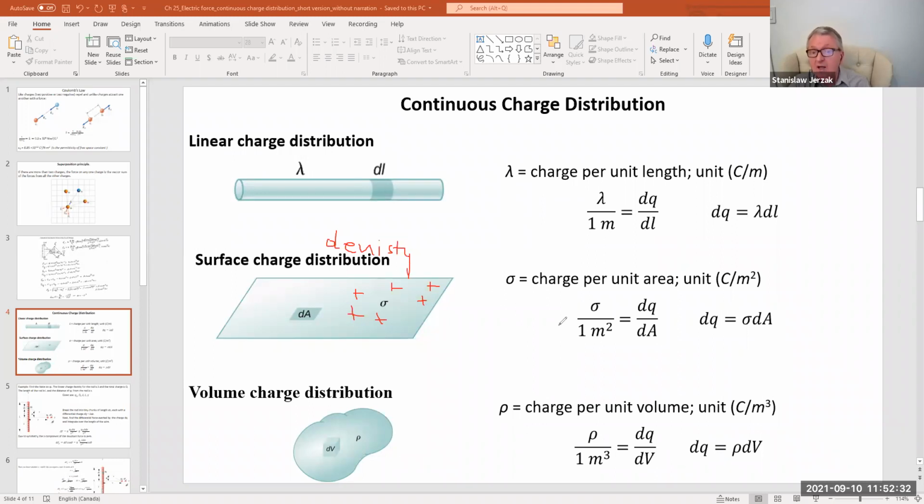So sigma will be the amount of charge per 1 meter square of that surface. So how much charge is on 1 meter square? That will be the meaning of sigma. And sigma will have units of coulomb per meter square. We call that sigma the surface charge density.